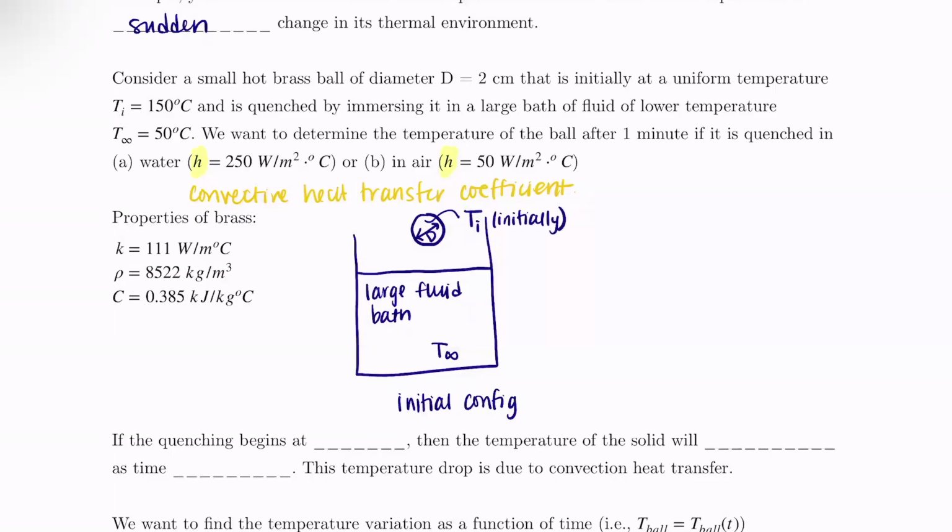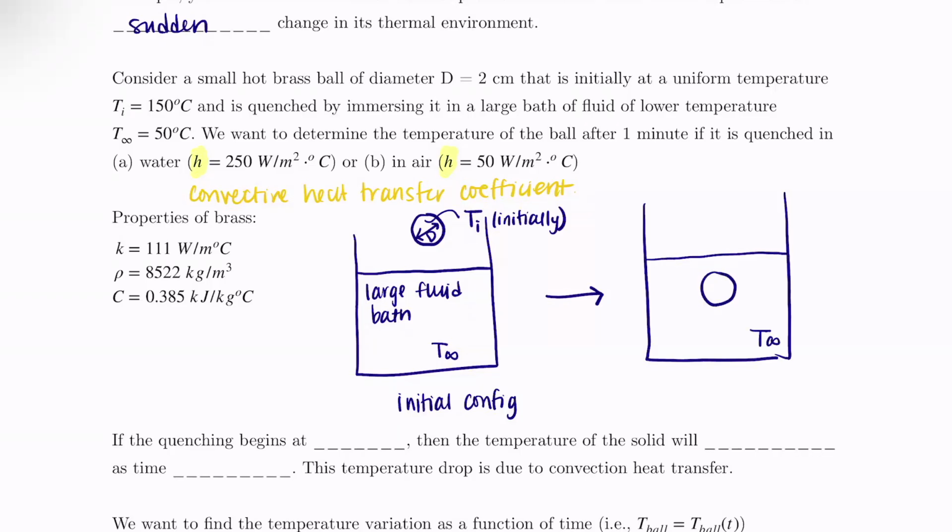All right, and then we are going to plunge this sphere into the bath. And now our sphere is going to have a temperature which depends on time because we have heat leaving our sphere.